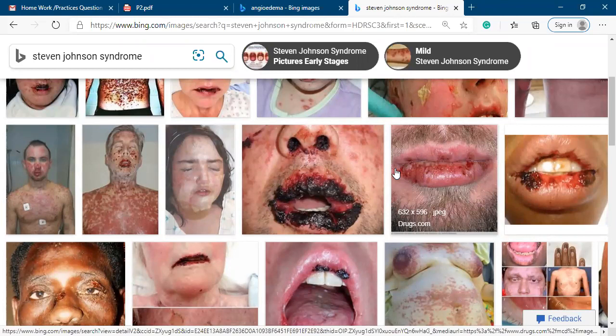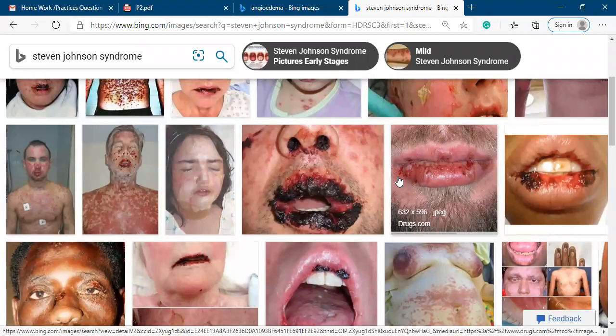Often it begins with flu-like symptoms followed by a painful red or purple rash. In the picture you can see, right? So it is important, we have to know it is very serious. If you do not know, then how will you identify that your patient has this problem?